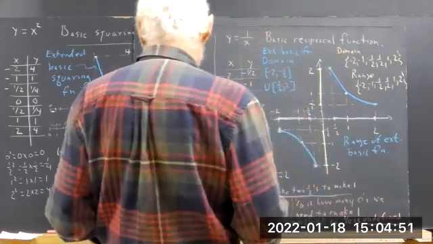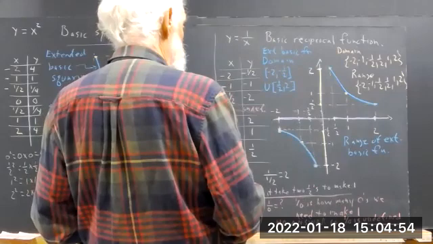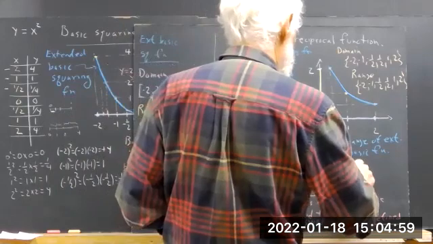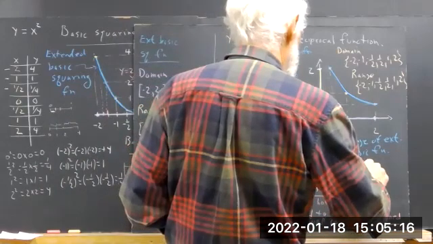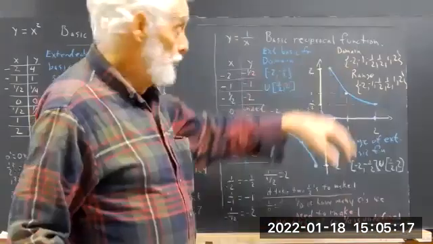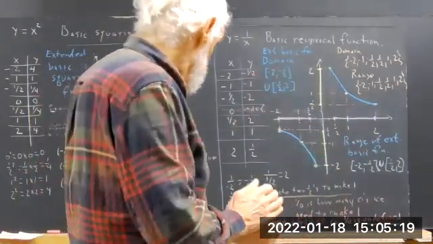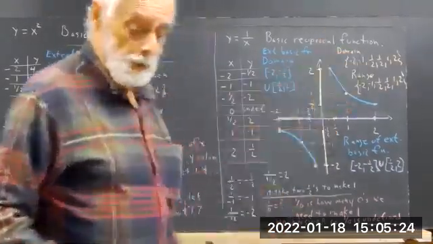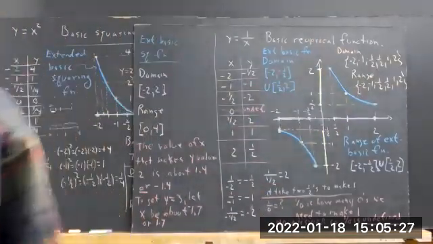So the range is the basic function, as we said. Okay, so there's your basic reciprocal function with its domain and range.